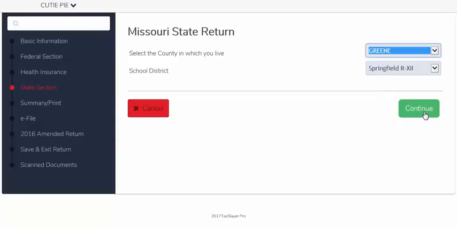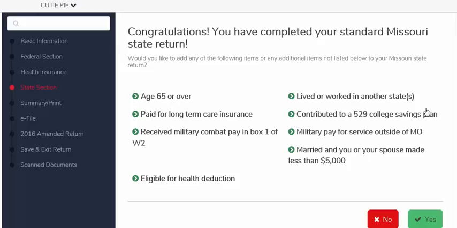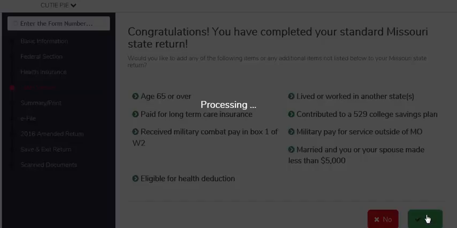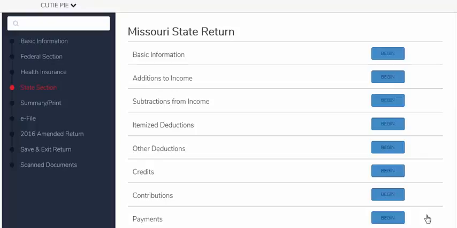And again, it comes up with the information we just entered, so we'll hit Continue. And then, as I mentioned, Missouri calculates off of the federal return, and so the software thinks it's already calculated everything correctly for you unless you have some adjustments that you need to make. So we're going to click Yes because we want to make some additional adjustments.